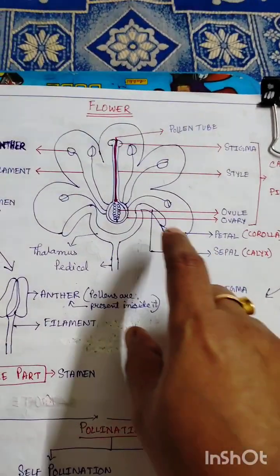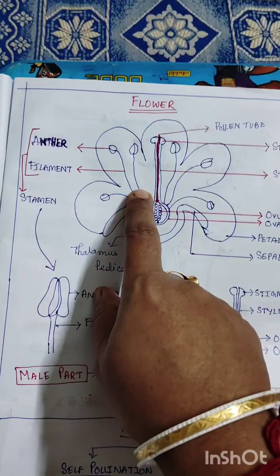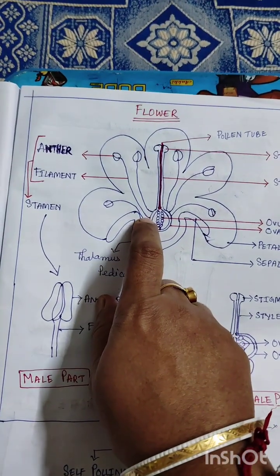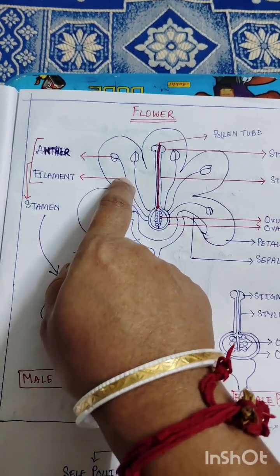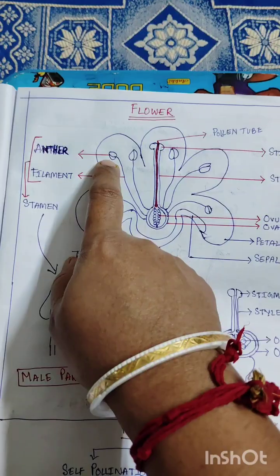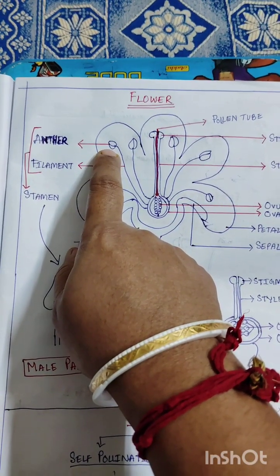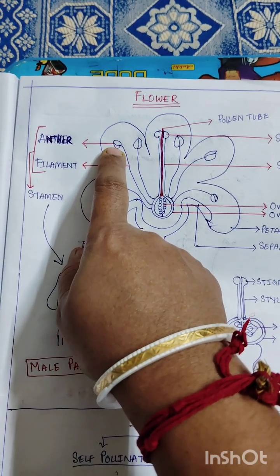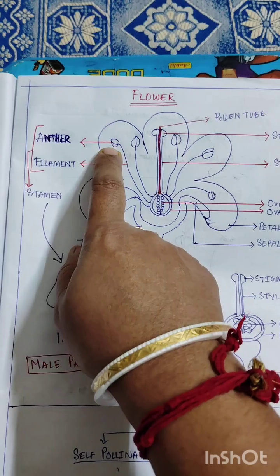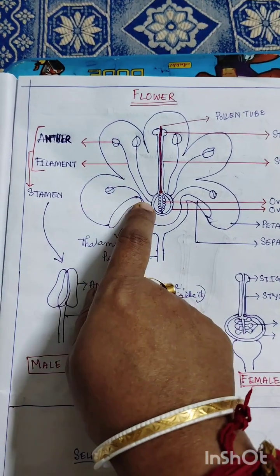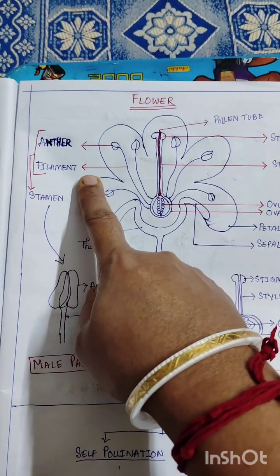Okay, now see again, there is another part as a small thread like structure with a small knob at the top of that thread. Okay, that knob like structure is called anther, and the thread like long structure is called the filament.